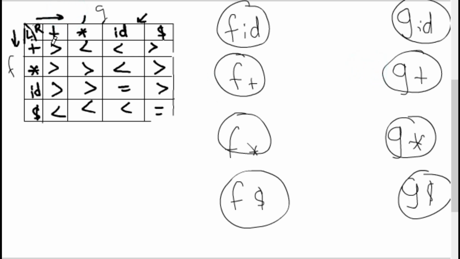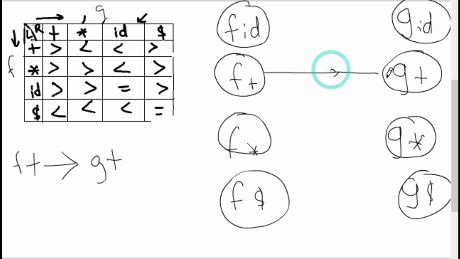Now we can see that the arrow goes from plus on the left hand side to plus on the right hand side. So there is plus and there is plus. This left hand side is f plus and this right hand side is g plus. In between them there is this arrow, you can see from the table. So it goes from plus to g. So you need to take an arrow from plus to g like this. This is how the arrow looks like.